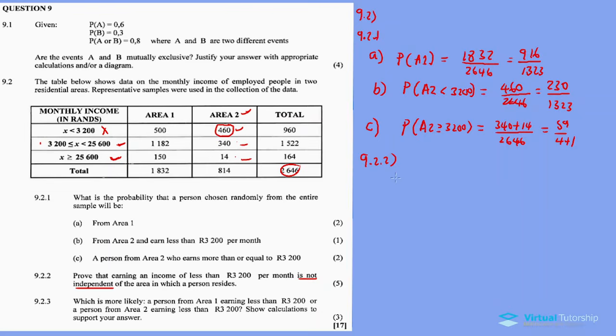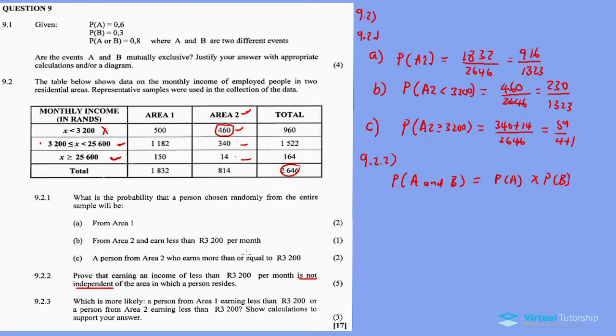So we are going to use this formula: the probability of A and B equals the probability of A times the probability of B. If the area and the earning are independent, this must be equal.